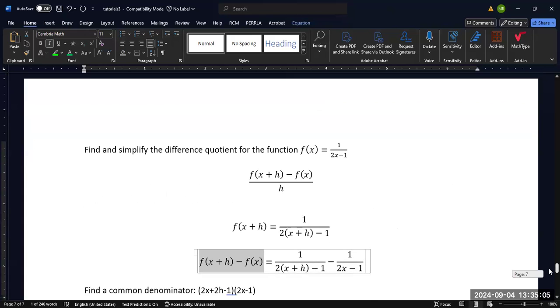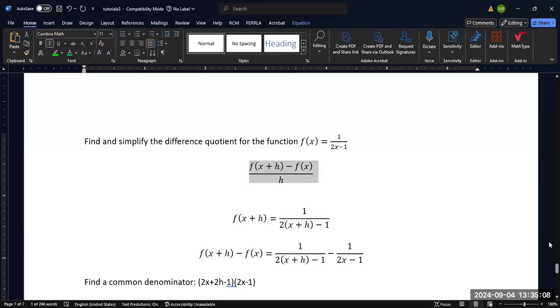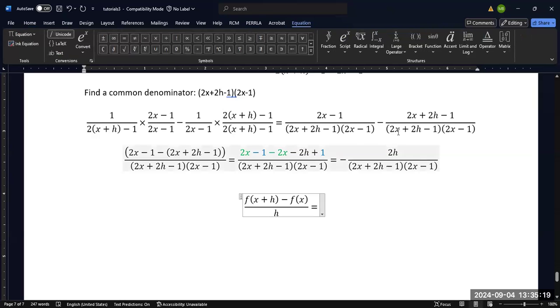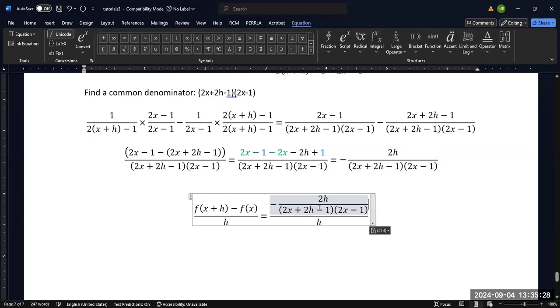So really what we have, we still have to divide by h. Let's actually do our fraction template just so we can see how this is going to work. The h is in the denominator, and the numerator is this whole big crazy thing. But when you divide by something, that's equivalent to multiplying by the reciprocal.